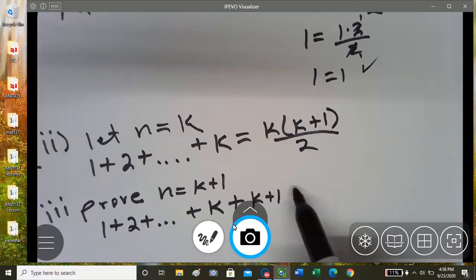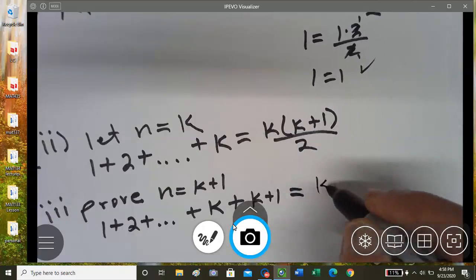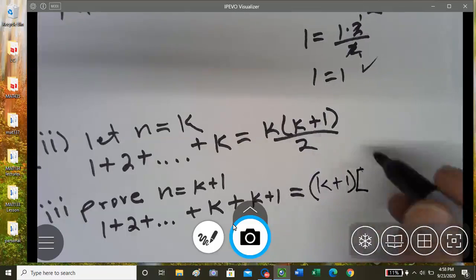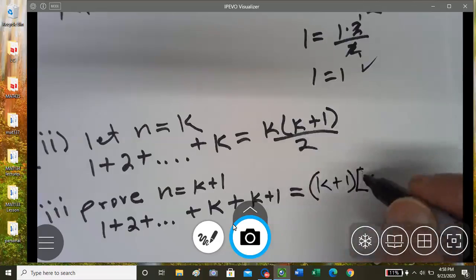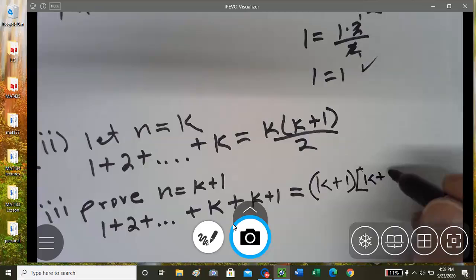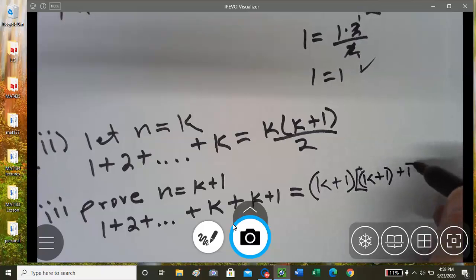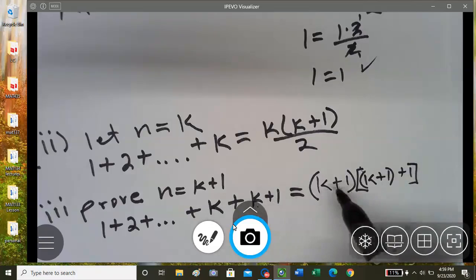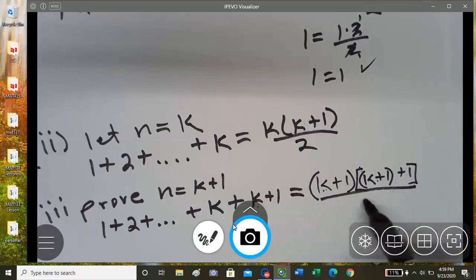So that means that where we had k, now we have a k plus 1. And then we have k, but now we're saying we have a k plus 1. So this would be k plus 1 plus 1. Okay, so wherever we had k, we have a k plus 1, which means this k also now has a k plus 1, and this k has a k plus 1, and then you have that other plus 1 all over 2.